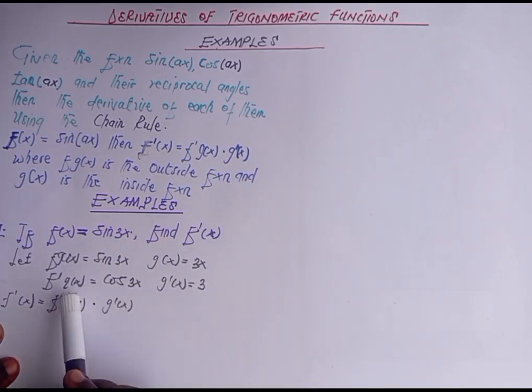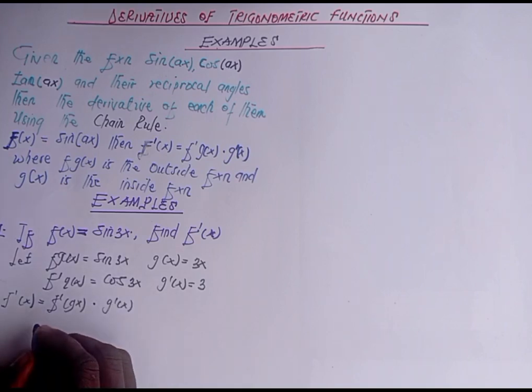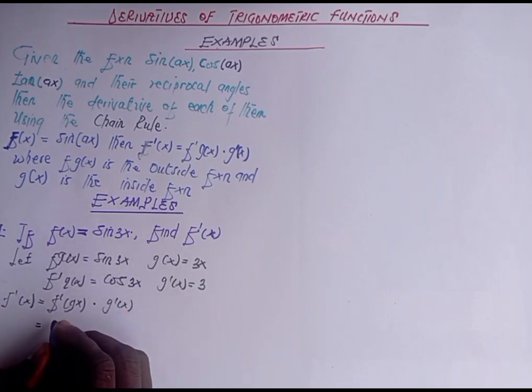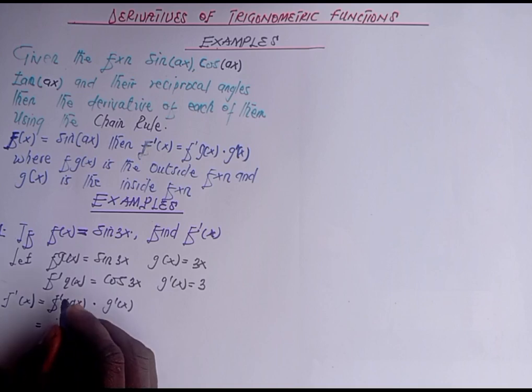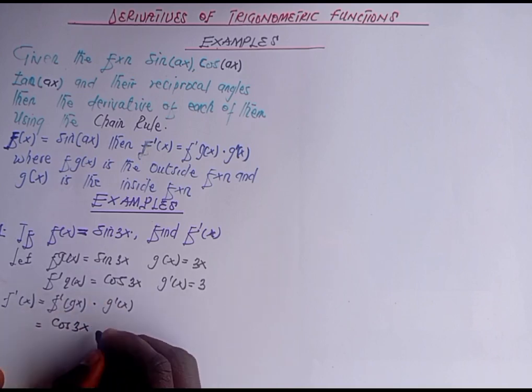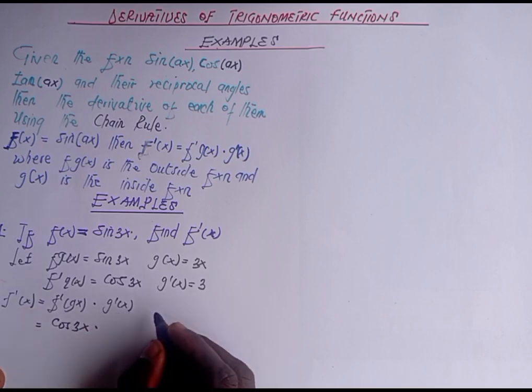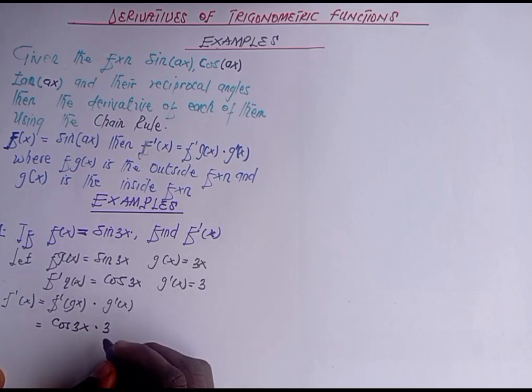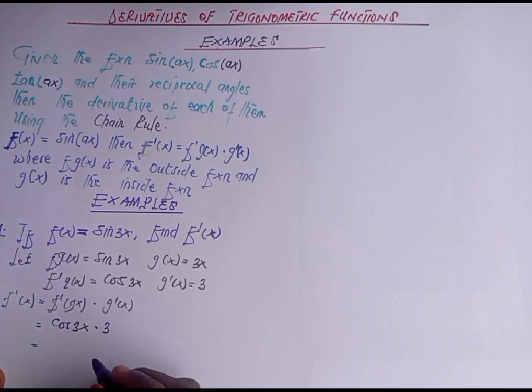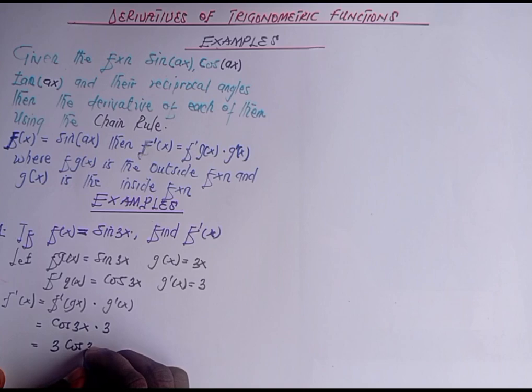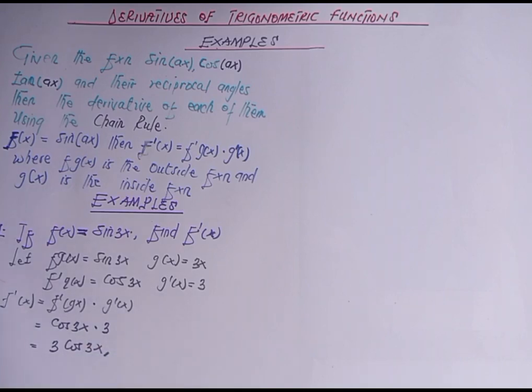So we write our cos of the angle 3x multiplying the derivative of g at x, and that is 3. When we do our little algebra, we get 3 cos 3x, and this is the derivative of this very function.